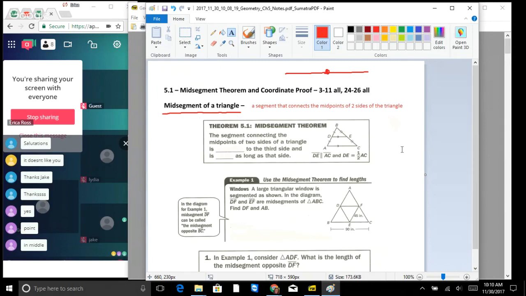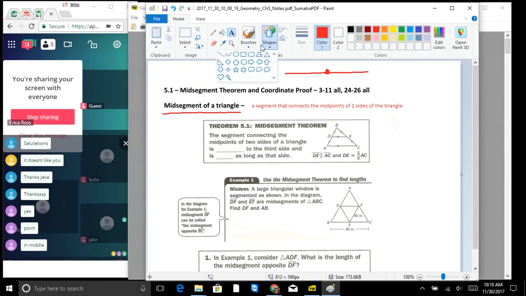Okay, so if you have, pick a triangle, any triangle. We'll even use our shape tool to draw a triangle, so it'll be nice and pretty. Okay, so I have a triangle.